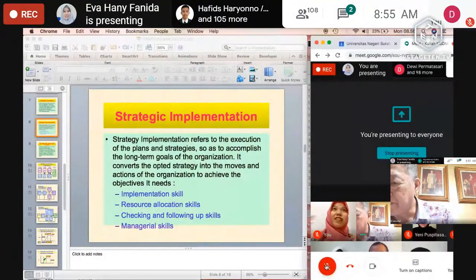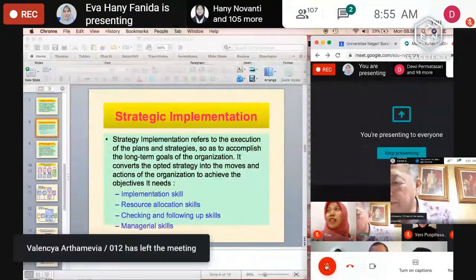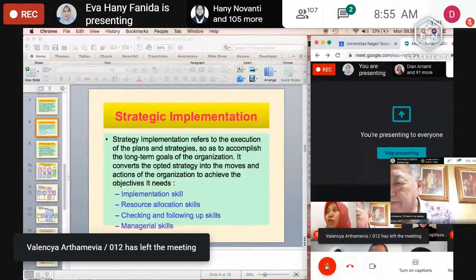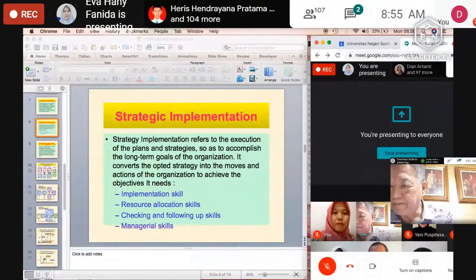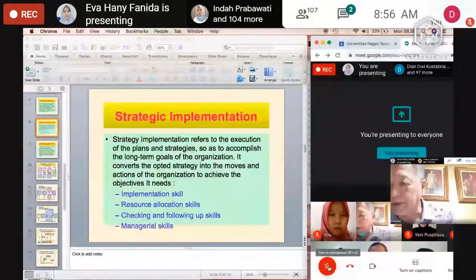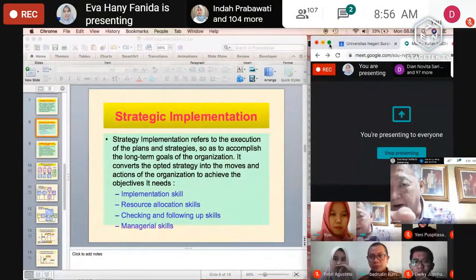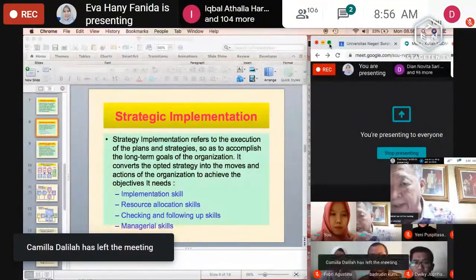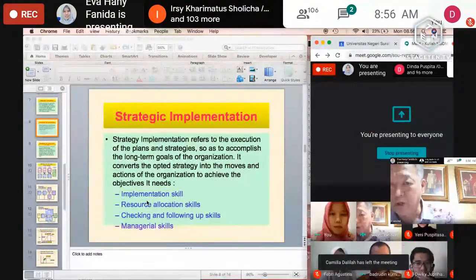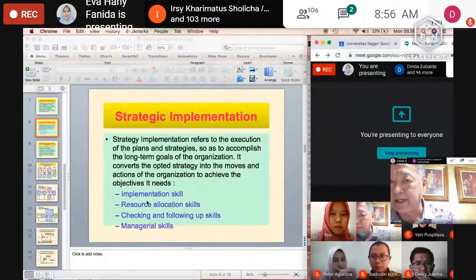So Prof Samrit said the problem is when the staff don't understand enough about the real objective of the organization. Thank you, Pak Udin. I would like to tell you about the screen: implementation skill. That means we should know about implementation and what its problems are.